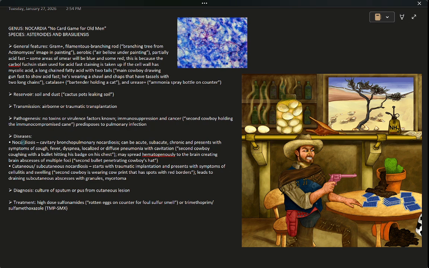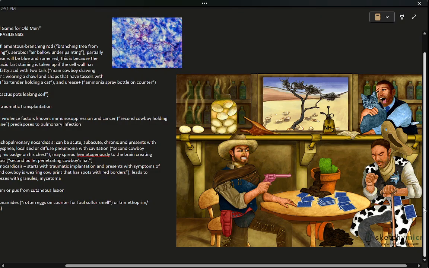So now let's talk about some diseases. So nocardiosis is a typical disease for this bacteria. Second cowboy.